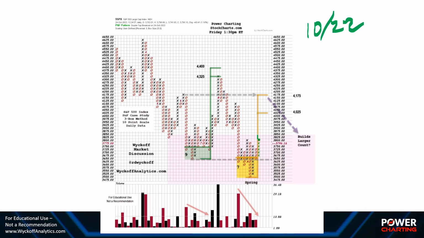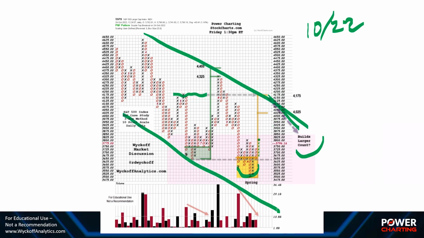We said at the time that we thought that it could rally up to this all-important resistance that we just talked about, and then which was a count, and that it would stall there, which it did, and then pull back for another LPS type action that could build bigger cause. So that was just using the principles of Wyckoff, we were able to see the conditions for a potential accumulation while this was still in a demonstrably downtrending structure.